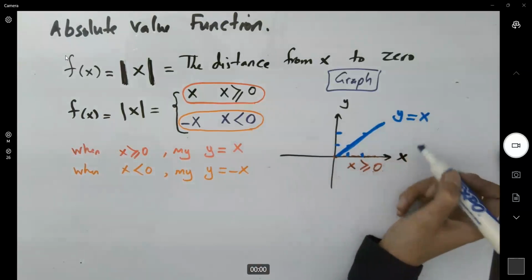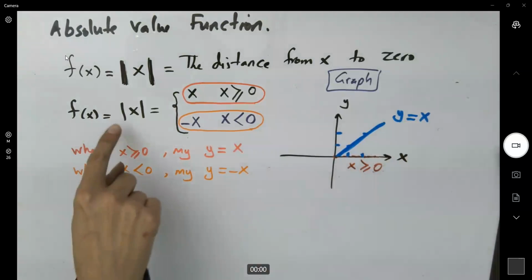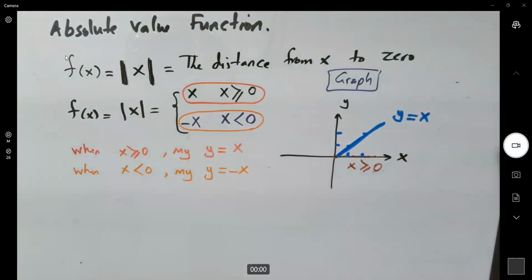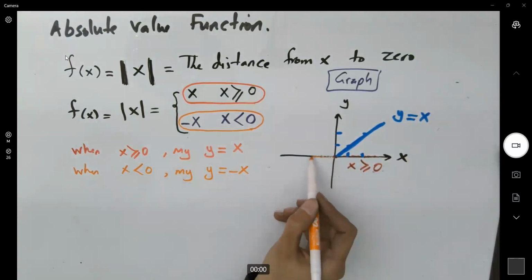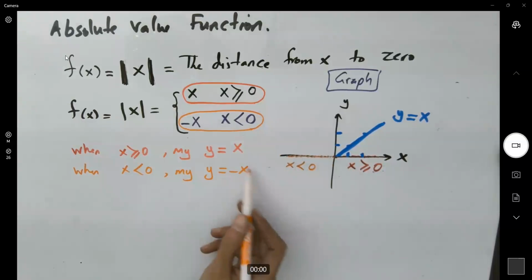Y equals x. This function has a second piece, which is on the left-hand side of the y-axis. When x is negative, I'm here on the left-hand side. What is my y value? My y value is minus x.